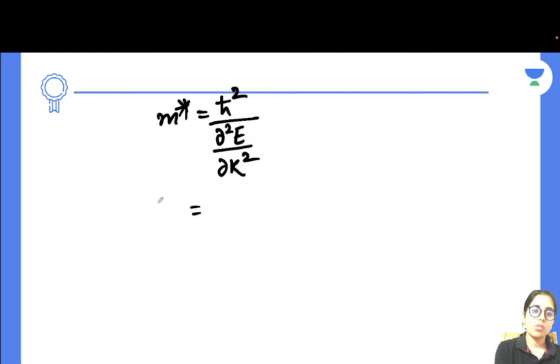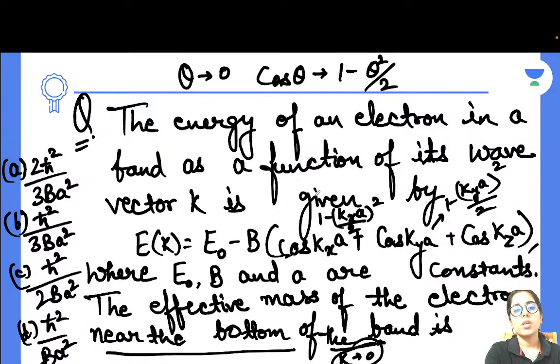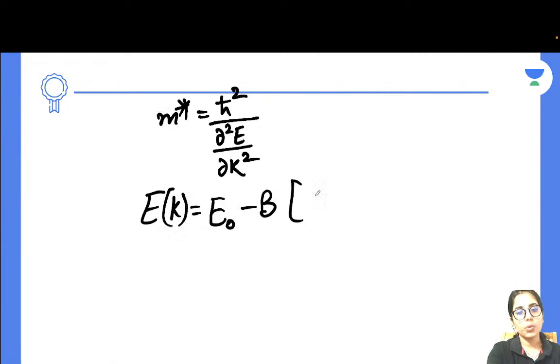So now the energy expression becomes, very good Shantanu, now it's correct: E naught minus B times 3 minus kx square plus ky square plus kz square, which I'll write as k square a square over 2. So 3 minus k square a square over 2, right?